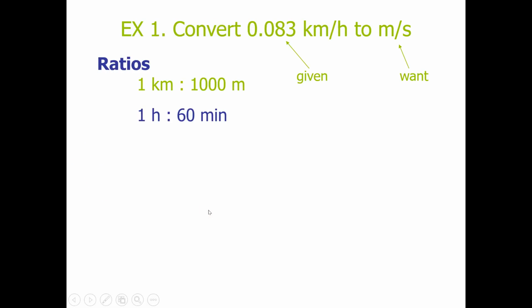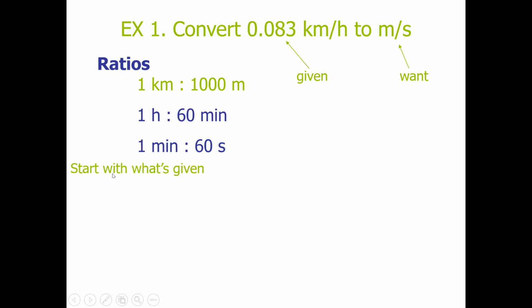We know that there are 60 minutes in an hour and 60 seconds in 1 minute. Okay, so we have all the ratios we need for this problem. If you're wondering about the green versus the blue, I wanted to show you the separation between the numerator conversions and the denominator conversions. You'll see that color-coded throughout so you can see where we're going with our dimensional analysis setup.